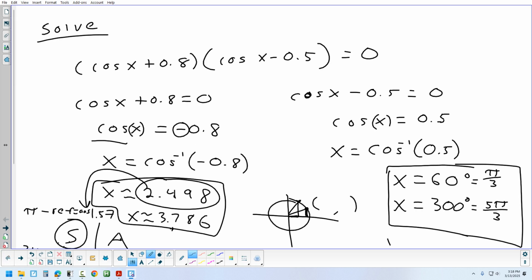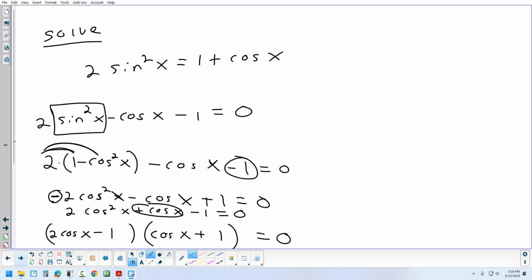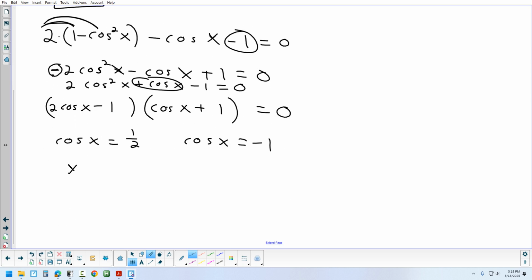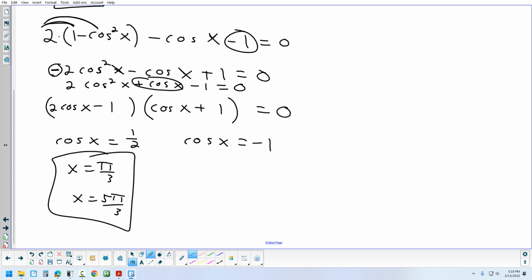Well, cosine x equals a half, we've already solved that problem. That was part of the one we did for the first one. So we already know the answers are pi over 3 and 5 pi over 3. And this one we have not done yet, but what would you do to get x by itself in that one?